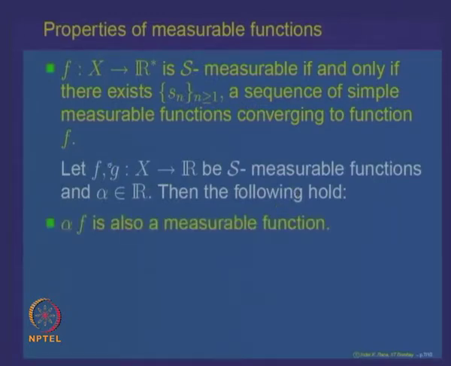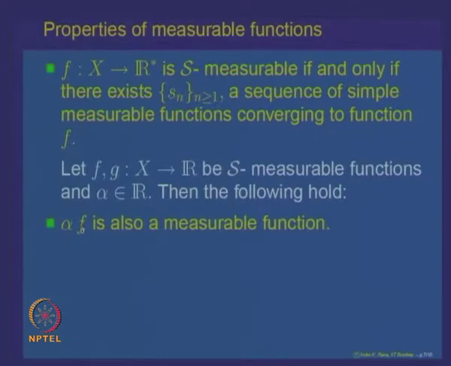First, if f is measurable and alpha is a scalar, then alpha times f is also a measurable function. Keep in mind I am taking only real valued functions for the time being. f and g are both real valued measurable functions, and alpha is a real number. So, the claim is alpha f, which is again a real valued function, is measurable.